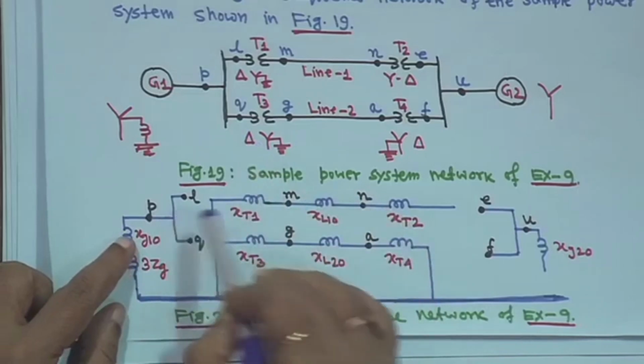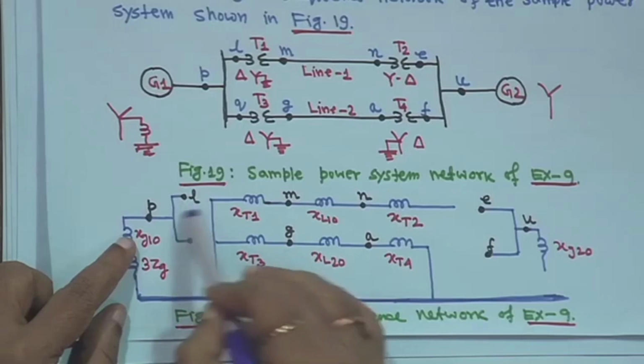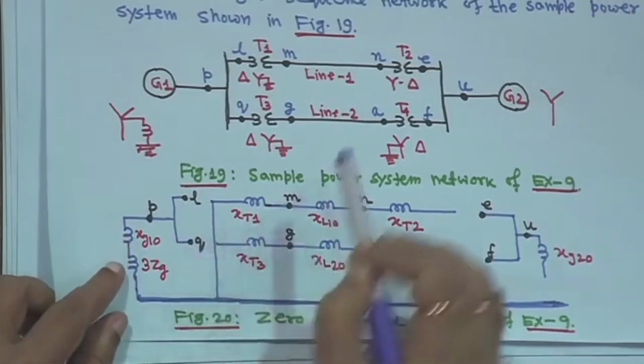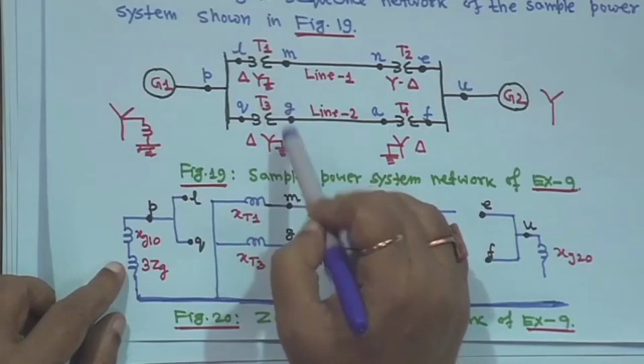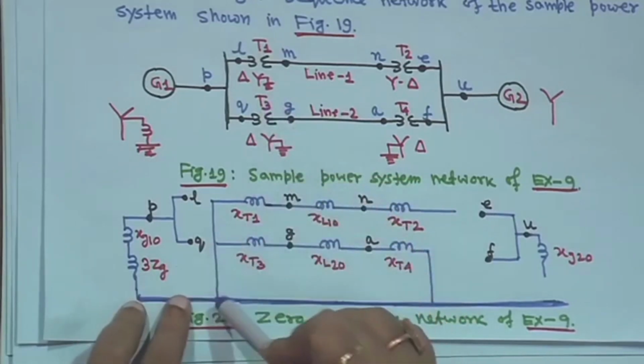So make this one, and then LM I have shown as isolation, there is no connection here. Then star here grounded, star here grounded. So consider line 1, star grounded, so it is connected here to the reference.